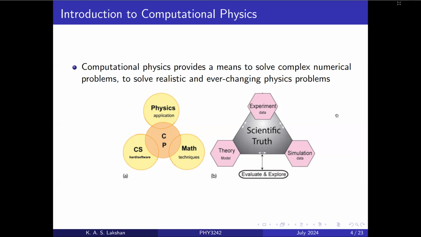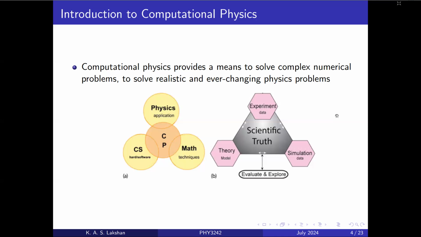Every time we deal with some physics problem, it can be a complex situation, or we want to obtain more realistic results. Whenever we want more realistic results in these ever-changing problems, we can use computational physics.